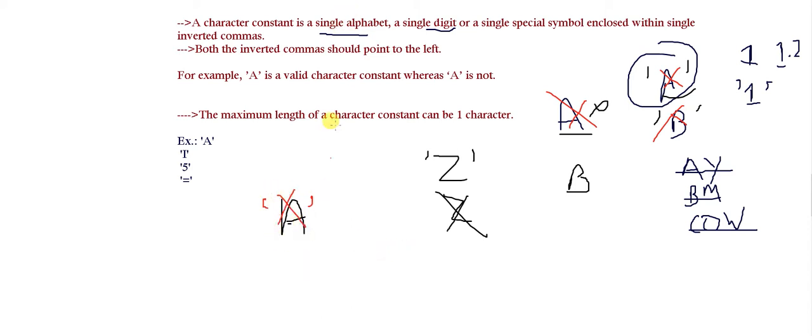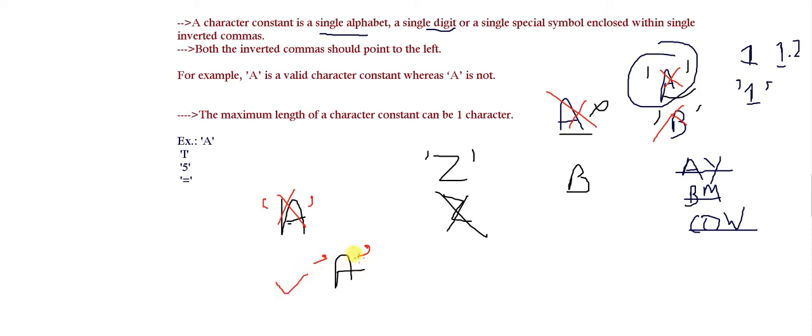The marks above should both point towards the left. This one goes from right to left, so the other will also go from right to left. If both are going from right to left, it is correct.